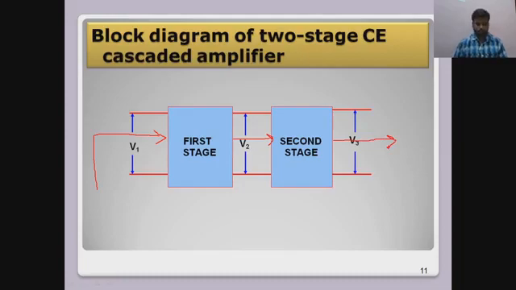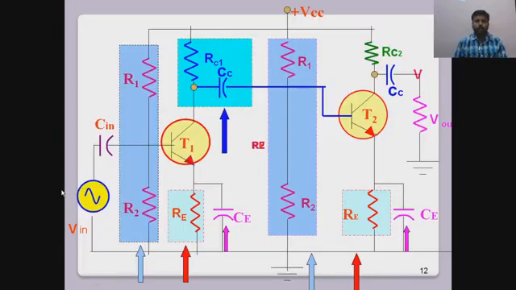Okay, so now let us see the circuit diagram of the two stage RC coupled amplifier.